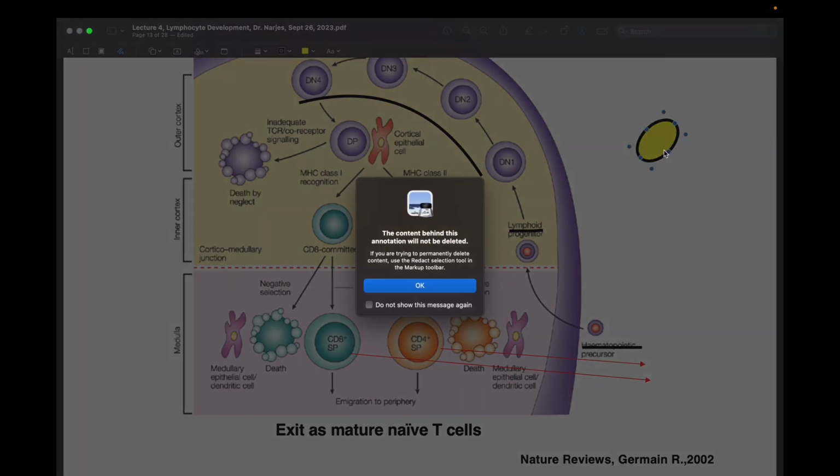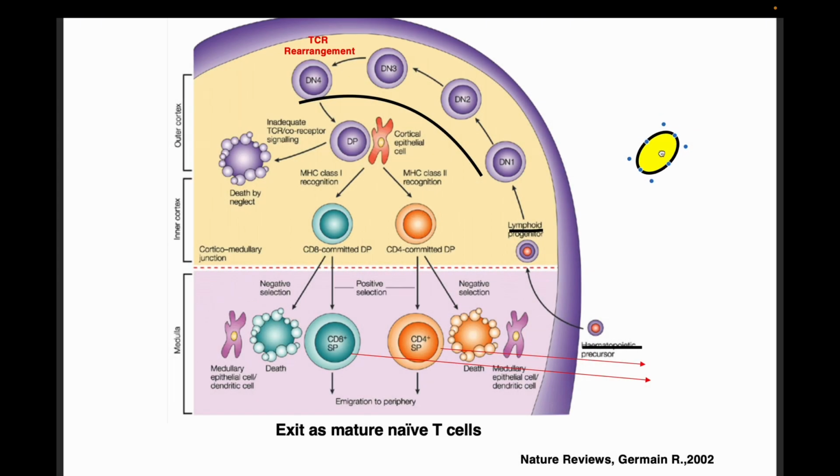Let's draw it here, I'll try to draw it. Let's suppose this is the double positive. It contains the TCR receptor. This is the TCR receptor, CD4 and CD8. Let's suppose CD8 is a T shape, and CD4 like this, for example. This is the double positive.